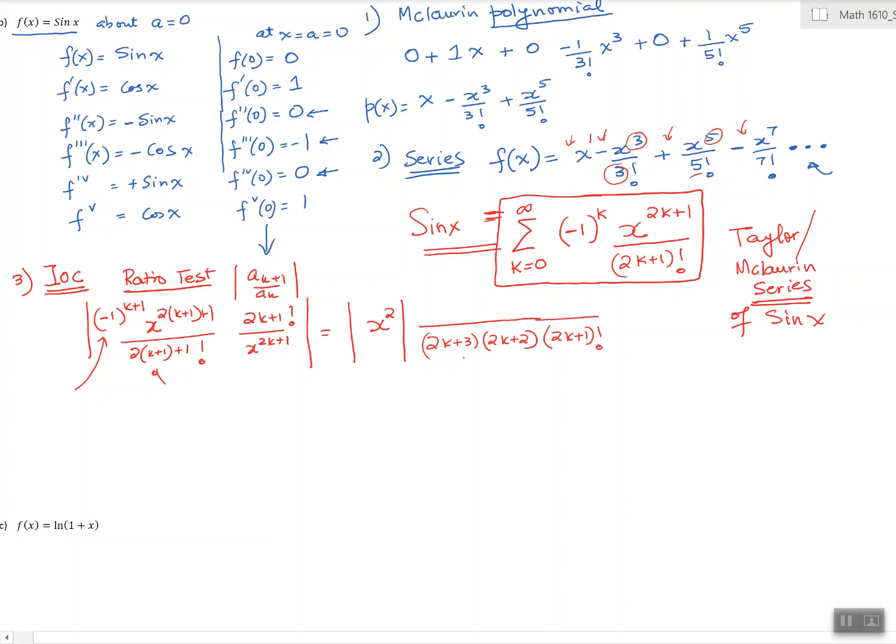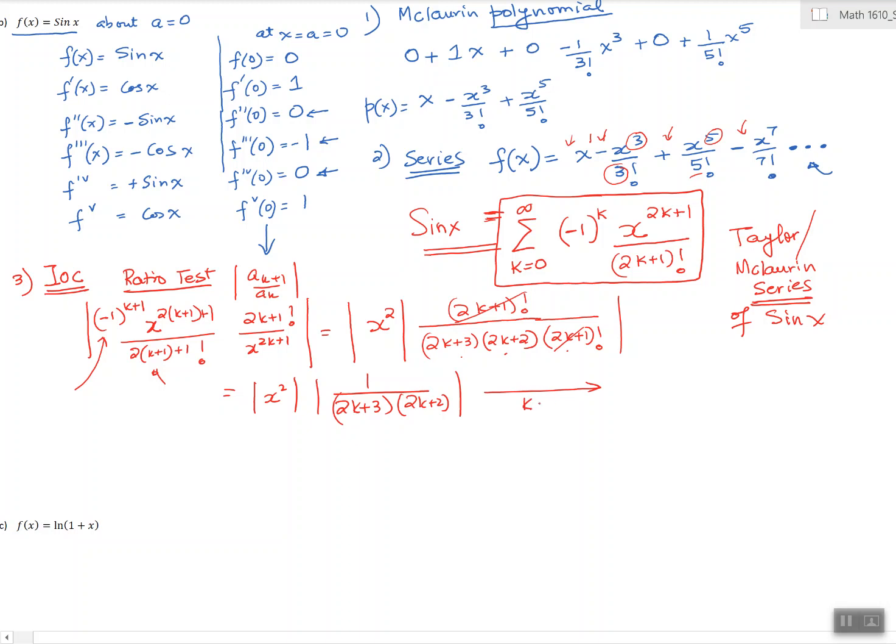So I've gone down one step, because in the numerator I have this, so this cancels with this. So I'm left with absolute value of x squared times 1 over 2k plus 3 times 2k plus 2.